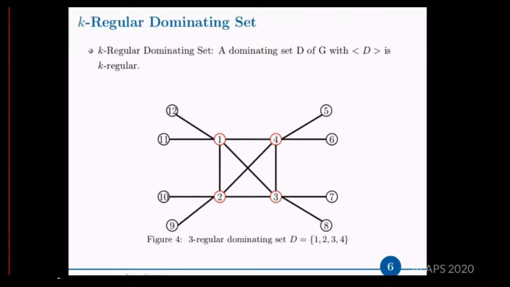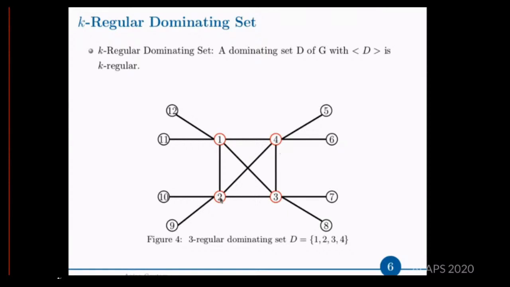Now we will see this example. This is a graph with a 3-regular dominating set, say D equal to {1, 2, 3, 4}. We can see that vertices 1, 2, 3, 4 comprise a complete graph on 4 vertices, where each vertex has 2 pendant vertices.